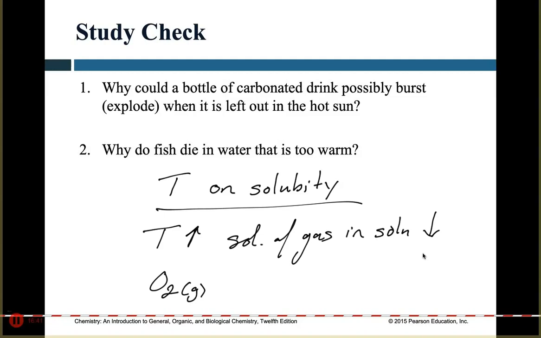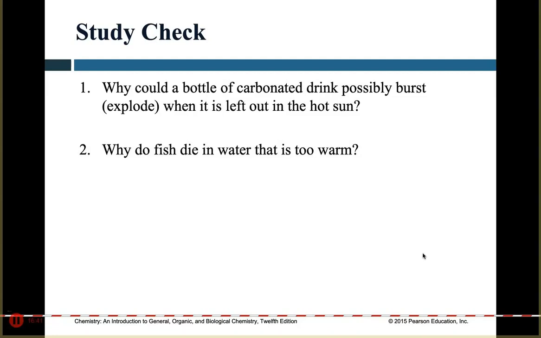If we heat up the temperature of the water that the fish live in, I can't draw fish, you can use your imagination, we have our fish floating around, but if things get too hot, the dissolved oxygen will leave the solution, killing the fish. They have nothing to breathe. So again, different explanations, but they rely on the same theory.